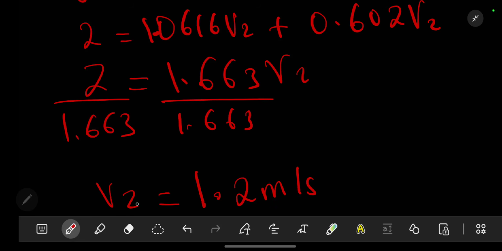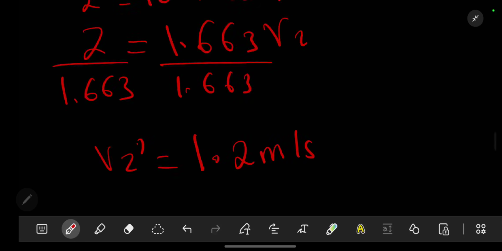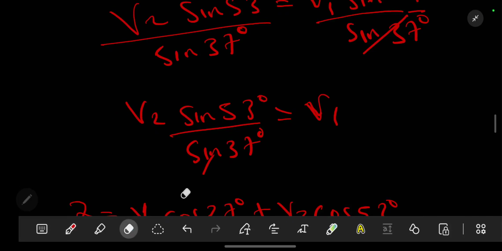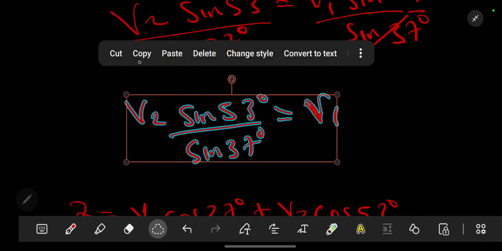So this is our V2. V2 is equal to 1.2 meters per second. Then you are going to get this equation which says that V1 is equal to this, and replace the value of V2 to find what V1 is equal to.